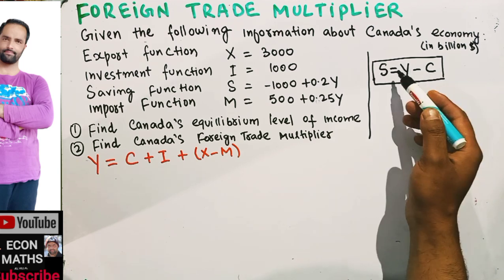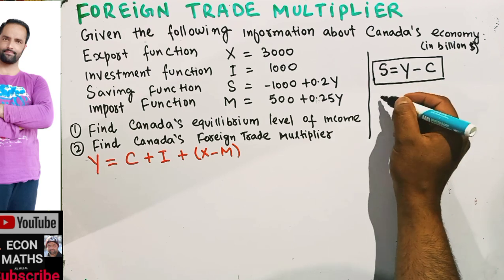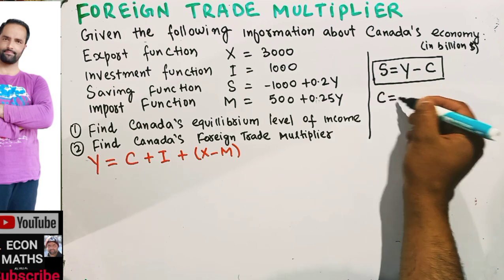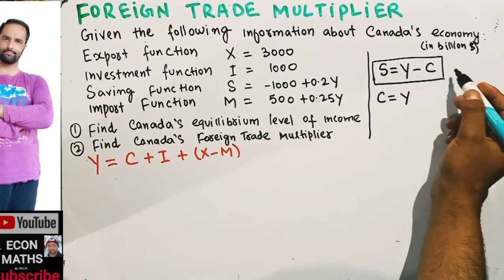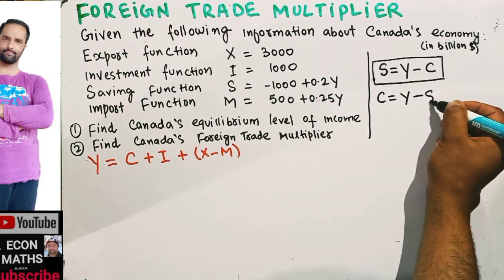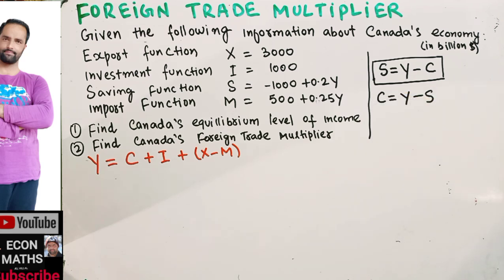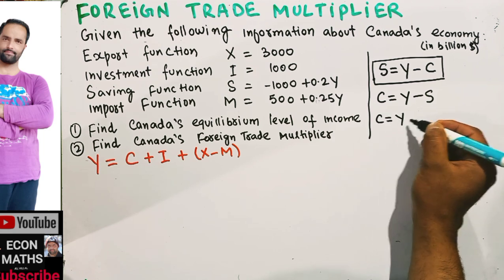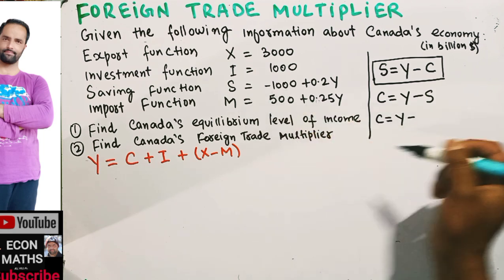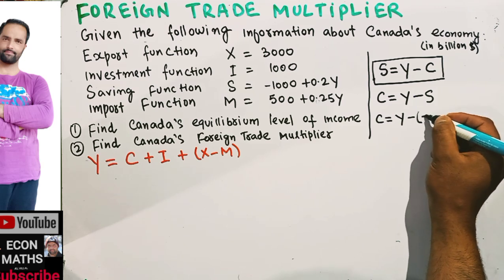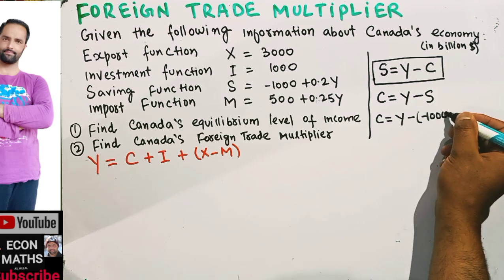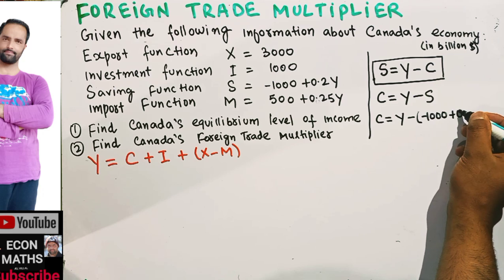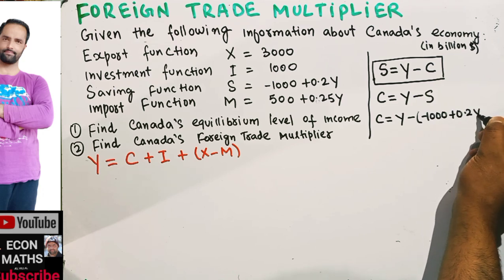So if we rewrite this, I can transpose this c here. Our consumption will be equal to y, transposing this s, it will become negative, so c will be equal to y minus our savings. My savings is given as minus 1000 plus 0.2y.